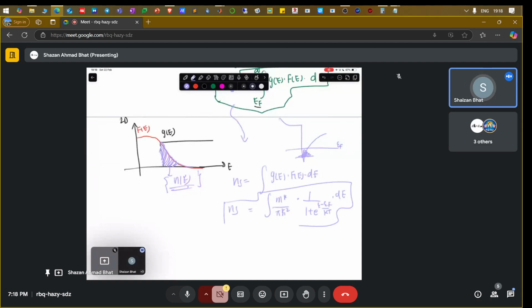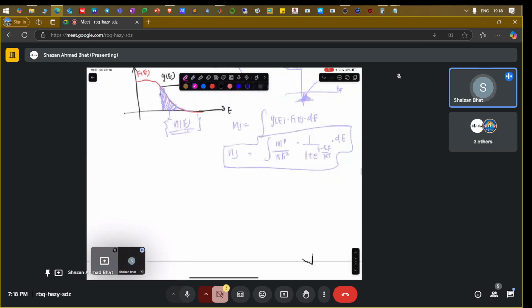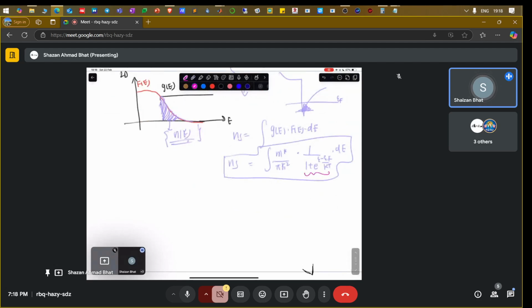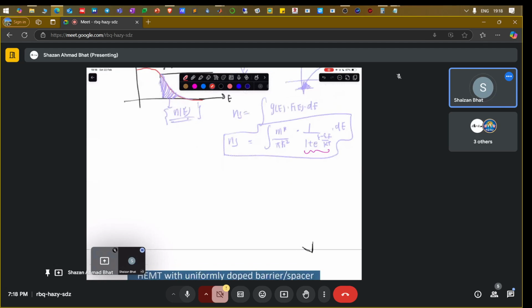Now you need to solve this integral. There are certain solutions for this integral. You need to approximate this Fermi-Dirac distribution with maybe a Boltzmann distribution for higher energy. So what we do is that we approximate that.